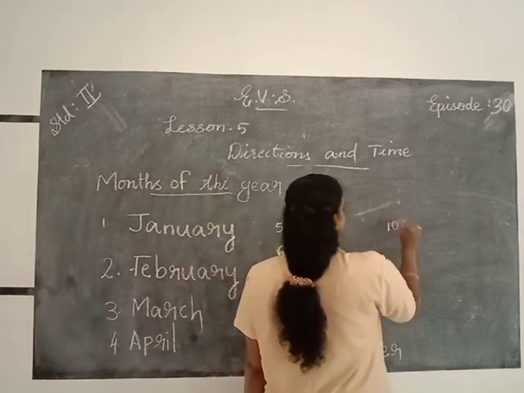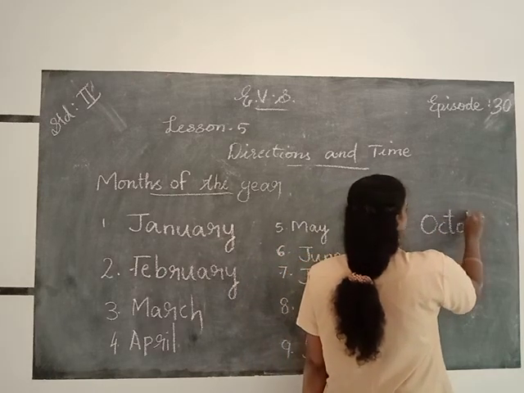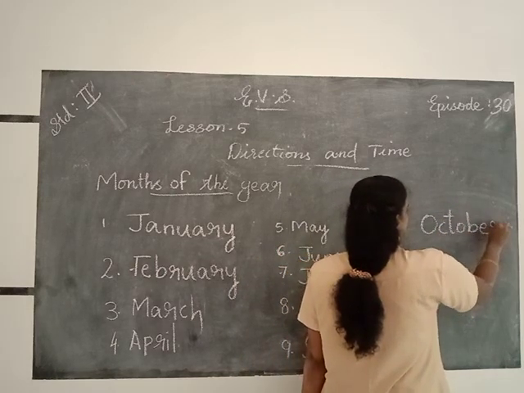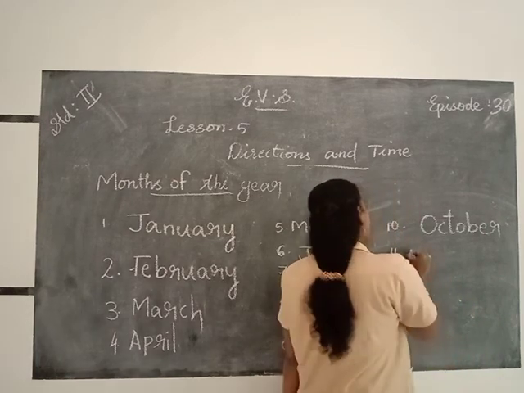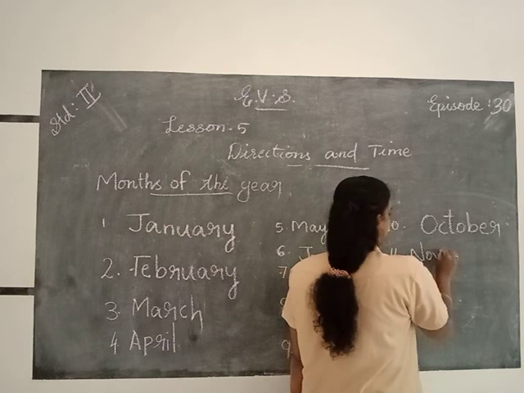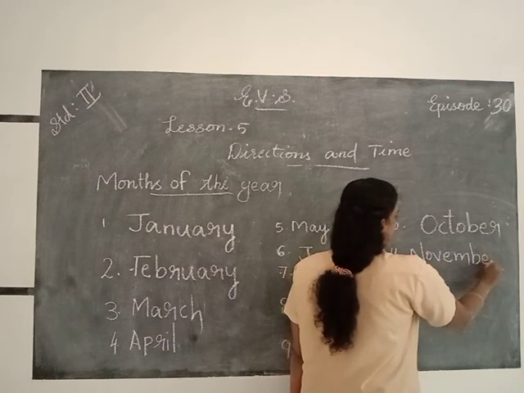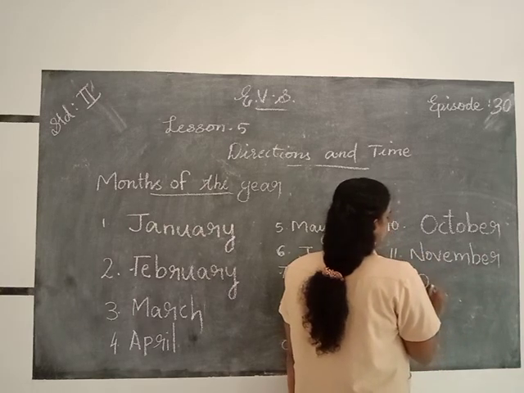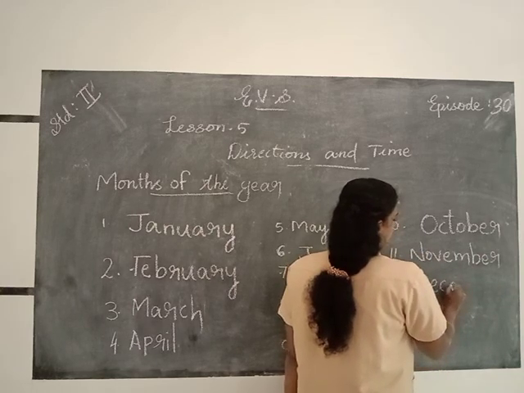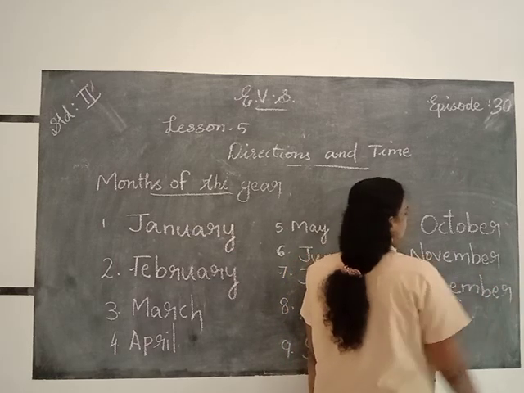Then October. O C T O B E R. October. November. N O V E M B E R. November. Then December. D E C E M B E R.